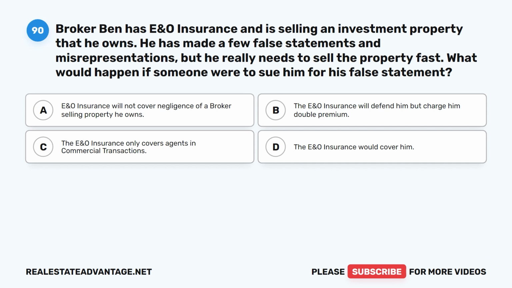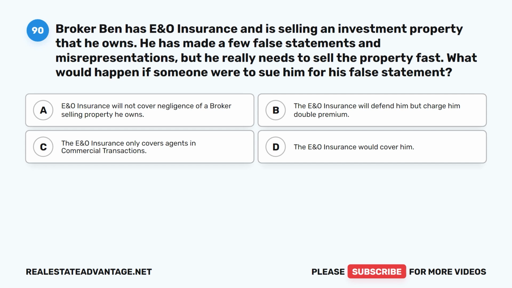Question 90. Broker Ben has E&O insurance and is selling an investment property that he owns. He has made a few false statements and misrepresentations, but he really needs to sell the property fast. What would happen if someone were to sue him for his false statement? A. E&O insurance will not cover negligence of a broker selling property he owns. B. The E&O insurance will defend him, but charge him double premium.